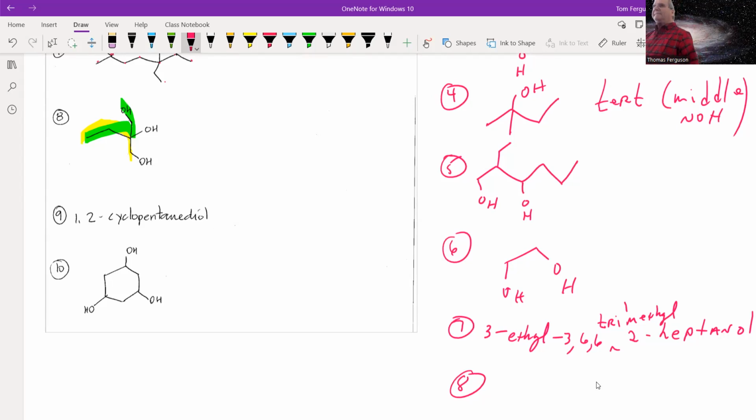So that's going to be a butanol. And it's a 3-hydroxyl group butanol on carbon number 1, carbon number 2.